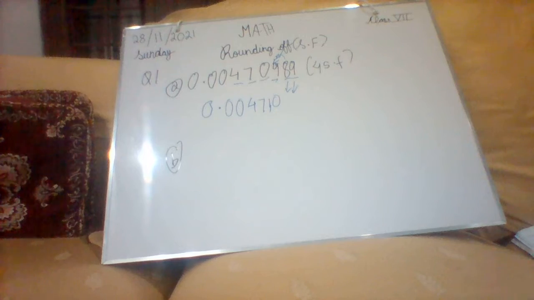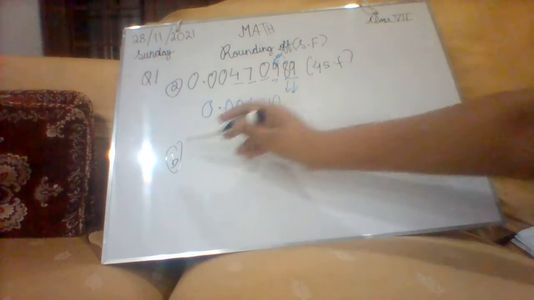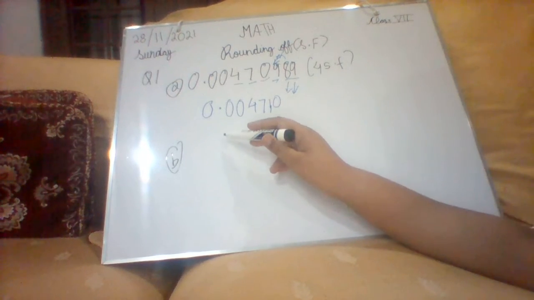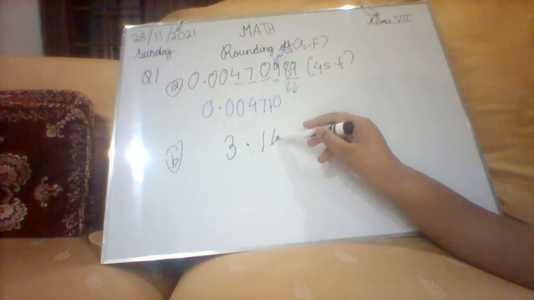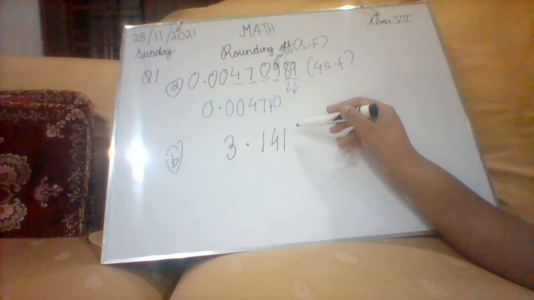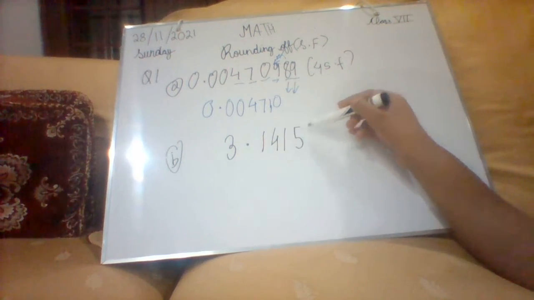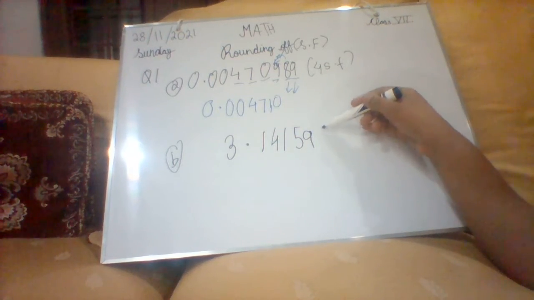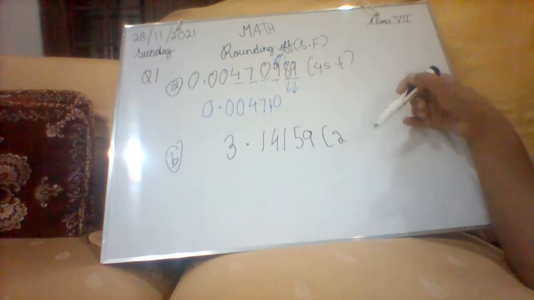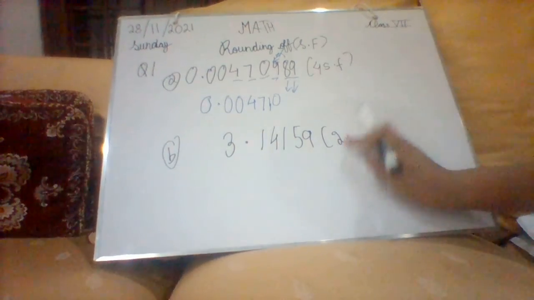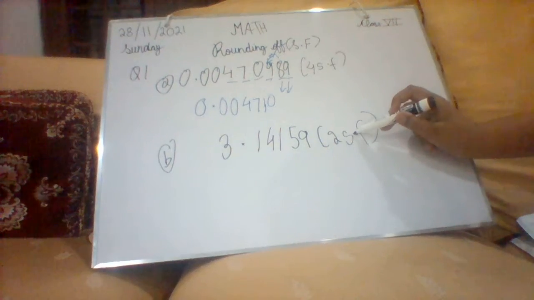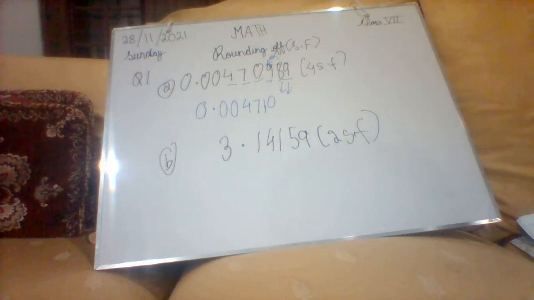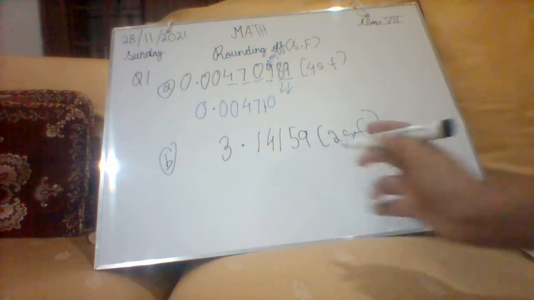Question number B is 3.14159. We have to convert this into 2 significant figures.